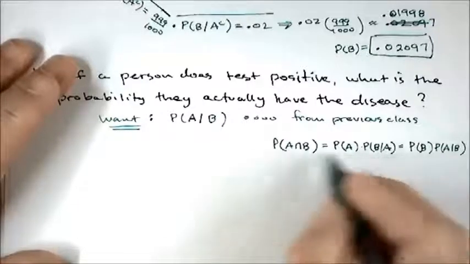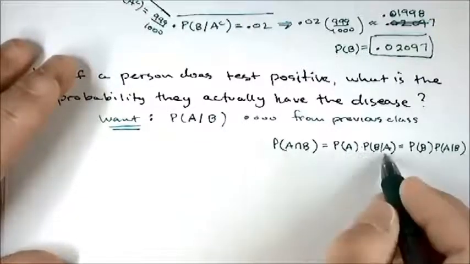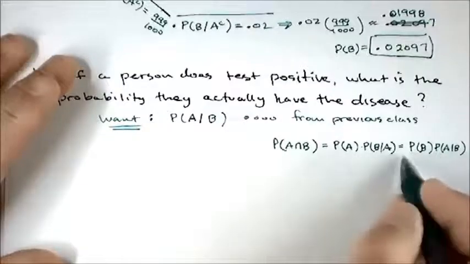That's how you find the probability of A intersect B. It's either this times this or this times this, depending on what order you have it in.